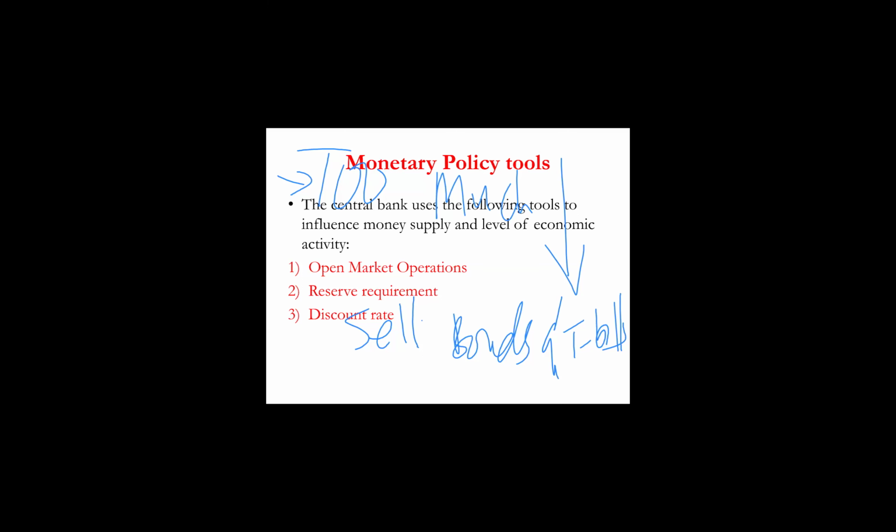We have 2 years bond, 3 years bond, 5 year, 7 year, 10 years, and 15 years. I'll go over that again. We have 2 years bond, 3 years, 5 years and 7 years bond, 10 years and 15 years bond.